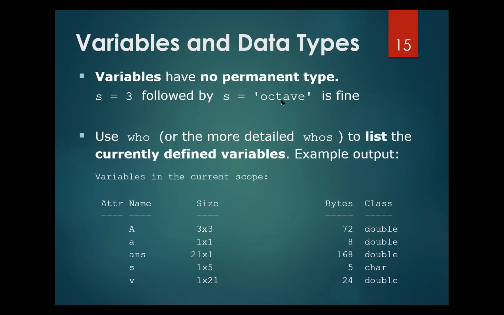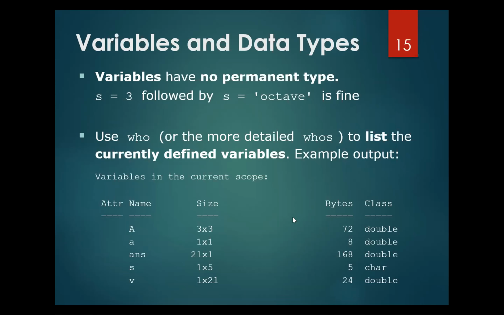So a variable is a variable. It can vary with its data type. So once you store something, it doesn't mean you can't use it for any other thing. That is why I say it's not permanent. You can change the type of data you assign to it as and when you need it.